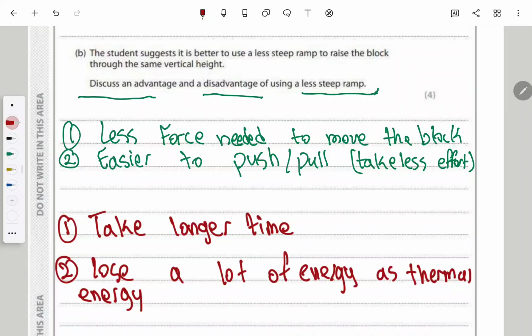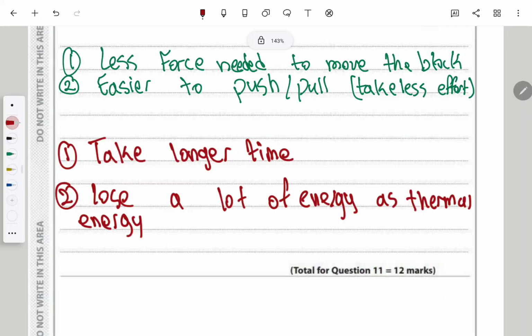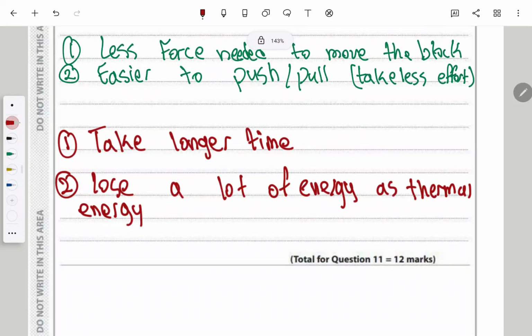Why? Because if you use a less steep ramp, it's going to be longer. You're going to be pushing the box a longer distance. You're going to face a lot more friction because the box is scratching with the ground more, and all of that is going to release more heat energy to the surroundings, making you require more work.